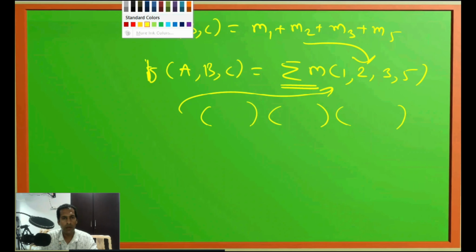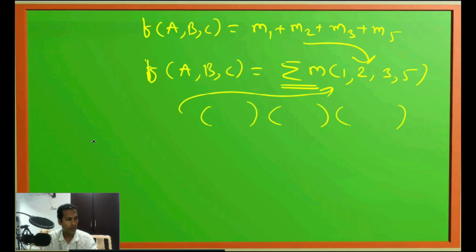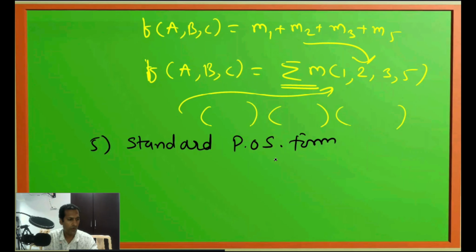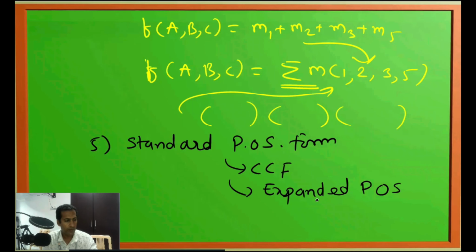Now let us discuss the fifth one, the standard product of sum form. This is also called the conjunctive canonical form, or CCF, or we can also call it expanded POS or canonical POS, right?